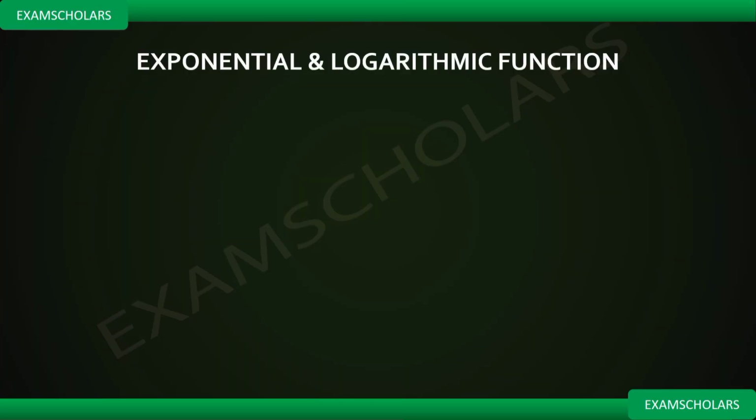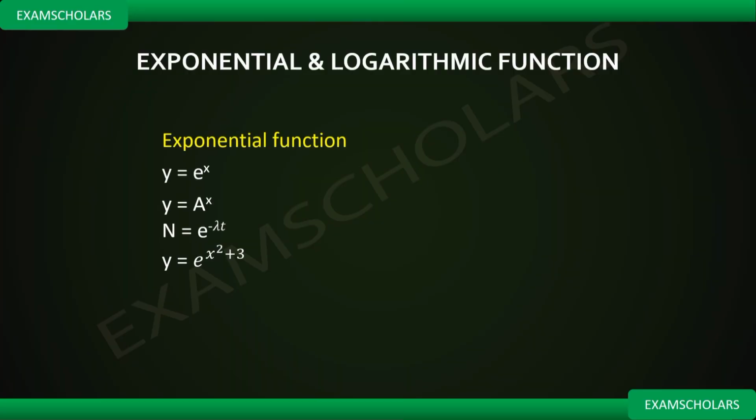We also have exponential and logarithmic functions. For the exponential function, the simplest ones you can have are y = eˣ, where e is Euler's constant, and y = aˣ, where a is a constant. When you see this expression, you know we are talking about an exponential function.